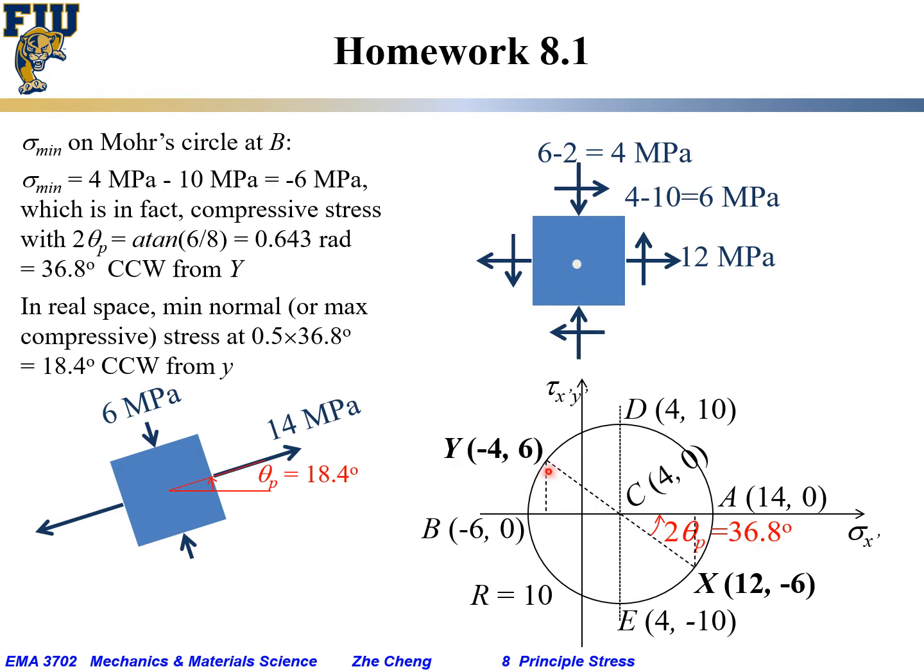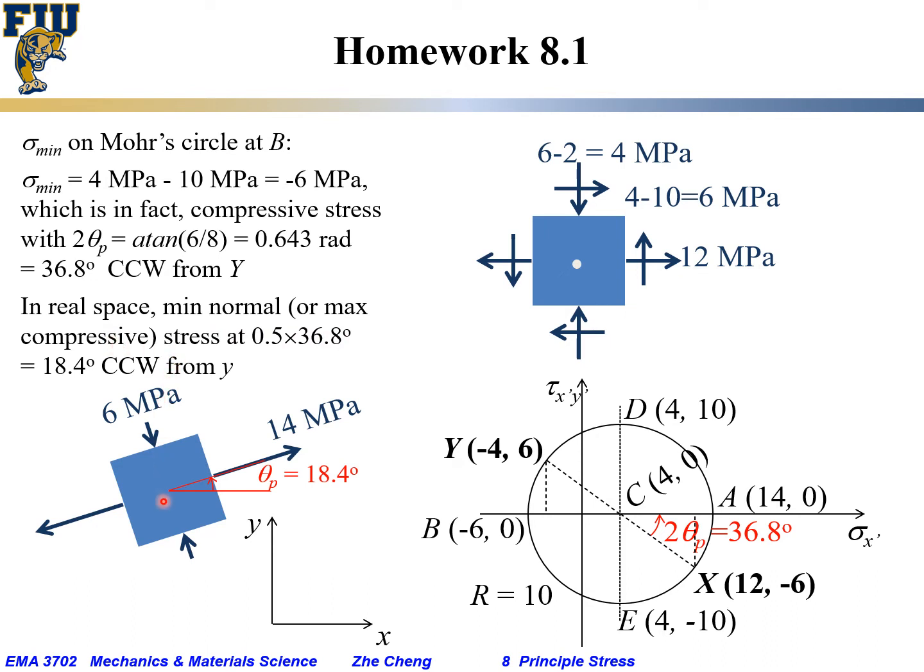So which means in real space, to find the B, you would start from Y and rotate in the same fashion counterclockwise, but by half of that angle, which is 18.4 degrees, to find the minimum normal stress, also called the maximum compressive stress.